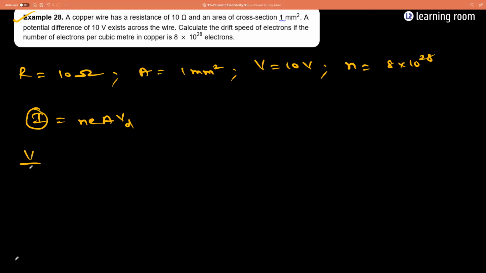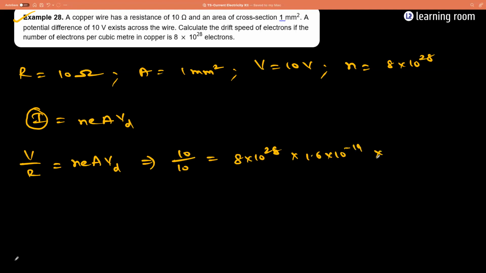I can be written as V divided by R. So V divided by R is equal to n e A v_d, which implies V is 10, R is also 10, so 10 is equal to n is 8 into 10 power 28 into e is 1.6 into 10 power minus 19 into area is 1 millimeter square, that is 1 into 10 power minus 6, into v_d. So v_d will be equal to 1 divided by 8 into 1.6 into 10 power 9 into 1 into 10 power minus 6.